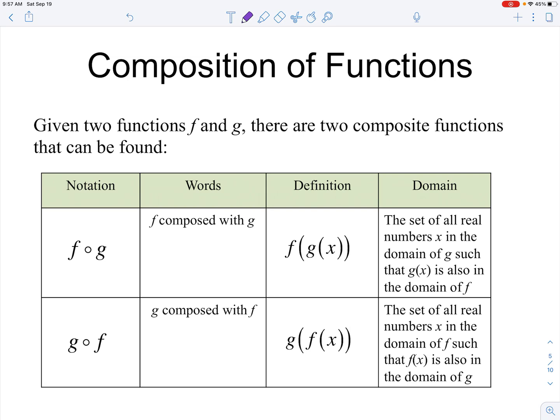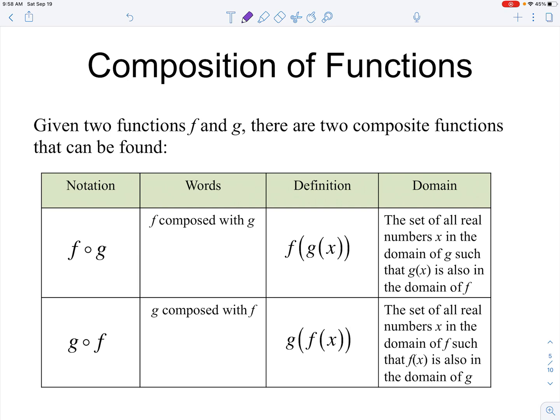Composite functions will come up multiple times. When we are verifying that 2 functions are inverses of each other, we will be composing 2 functions. There will be trig identities where we'll be talking about composite functions.